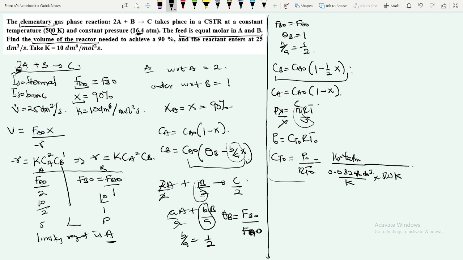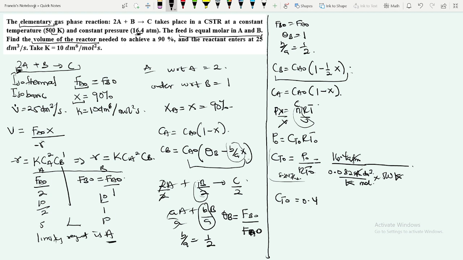We could either convert the pressure into Pascal so that our R becomes 8.314 joules per mole Kelvin, or we could leave the pressure in atm, and then our R becomes 0.082 atm dm cube per mole Kelvin. When we evaluate this, 16.4 divided by 0.082 times 500, we get 0.4. atm divides atm, Kelvin divides Kelvin, and there should be a mole here.